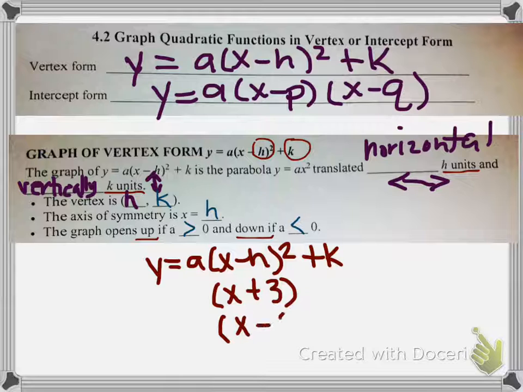X minus, my h has to be what in order to make it positive? It would have to be a negative 3. So the h would actually be a negative 3. Just because you see a plus 3 doesn't mean it's going to be positive. The shortcut is that it's going to be the opposite. So let's do an example if that really doesn't make sense.